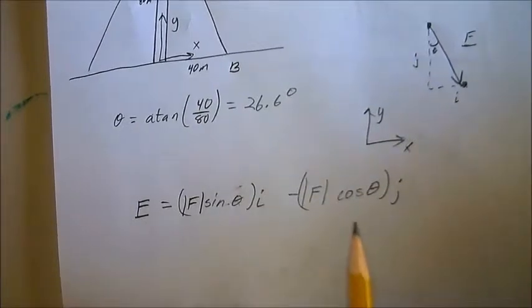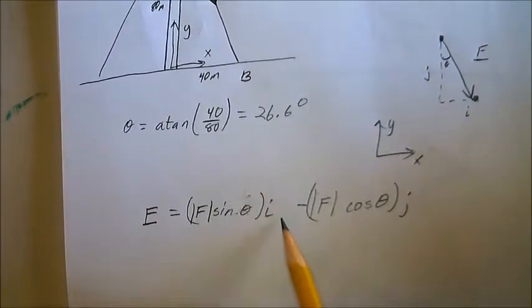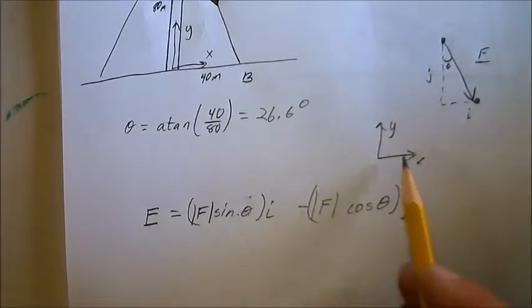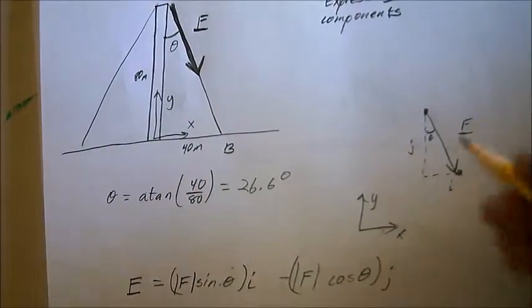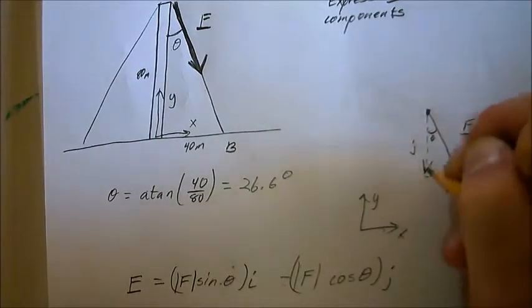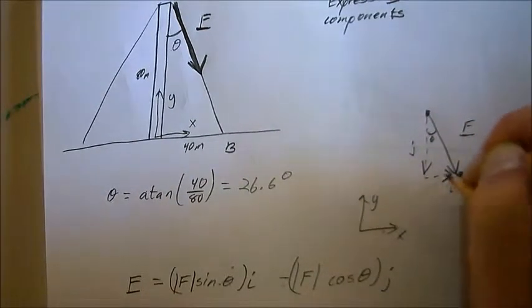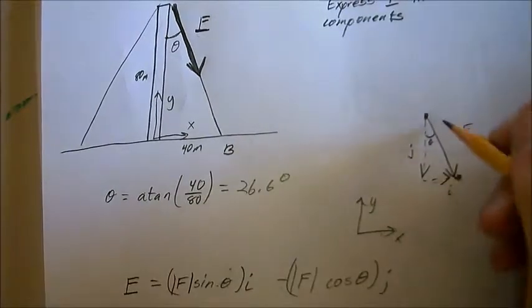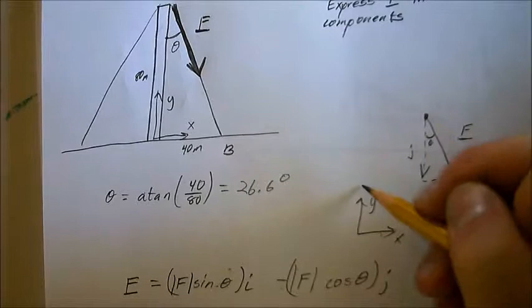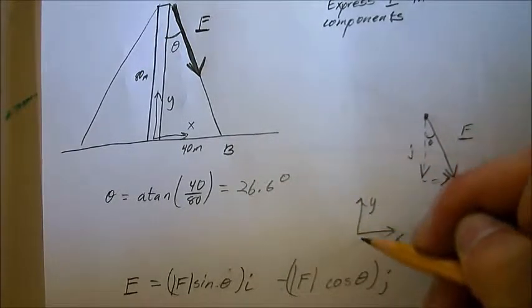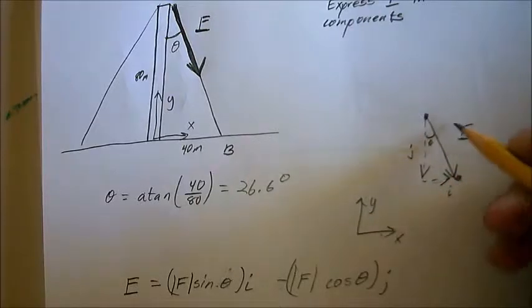Okay, now, you guys may have wondered about this minus. If you aren't familiar with the minus, this is dependent on how we denoted this axis system, because you'll see that this vector is made up of a vector in the j direction going that direction, and a vector in the i direction going to the right. Since this is going down, it's going opposite to the axis system that we set up right here. So it's going opposite to the direction of the axis y, so it's a negative value.